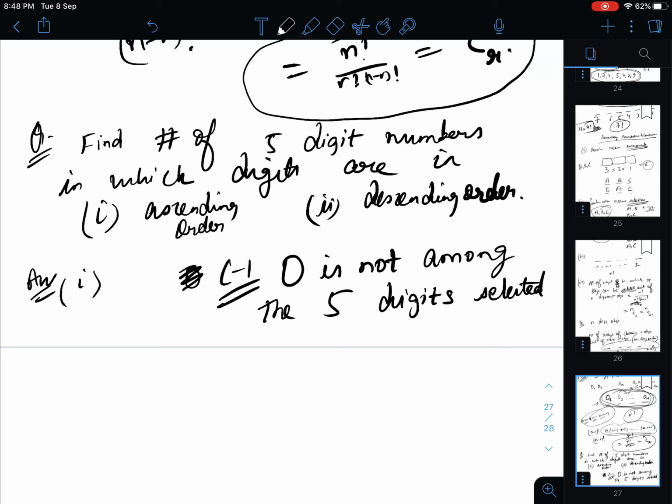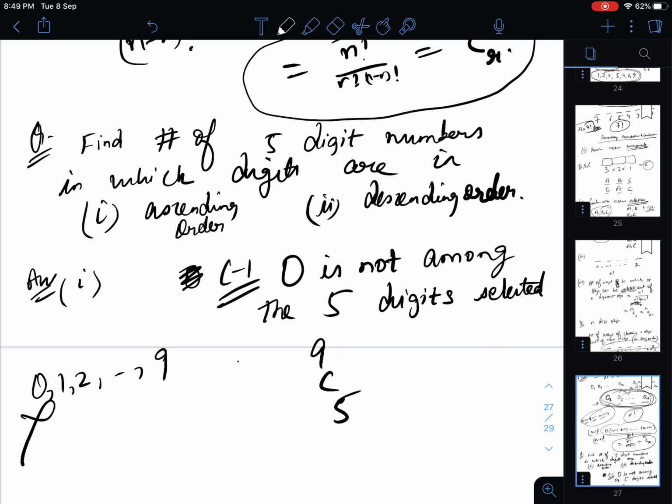Okay, so in total you have 0, 1, 2 till 9, 10 digits, but 0 is excluded, so you have 9 options. In that case you have 9C5 ways of selecting 5 digits, and they can be arranged in only one way, because you have to arrange them in ascending order.